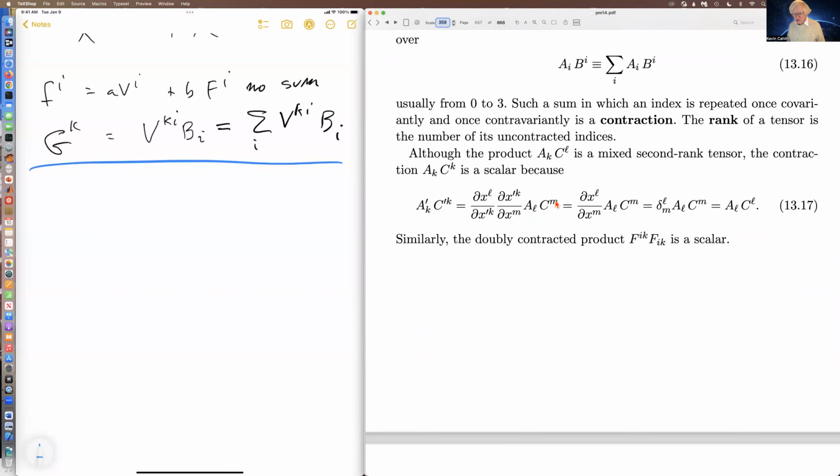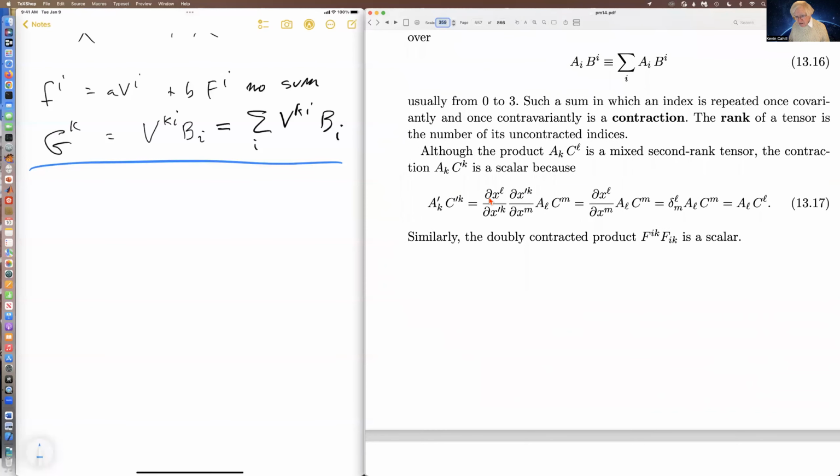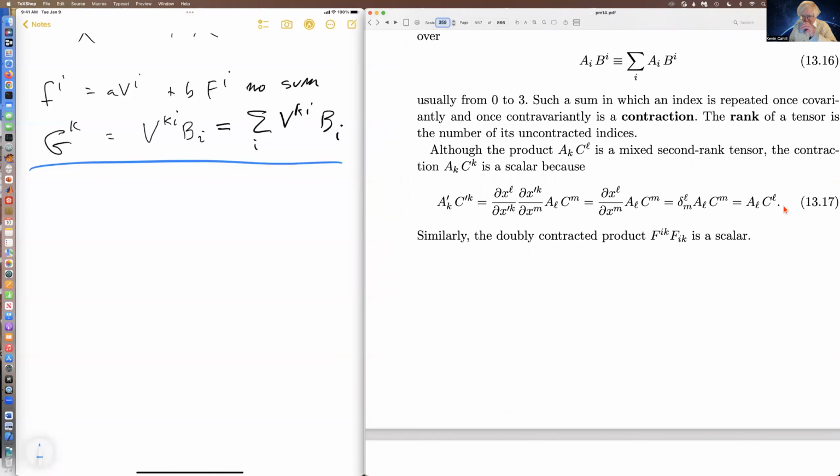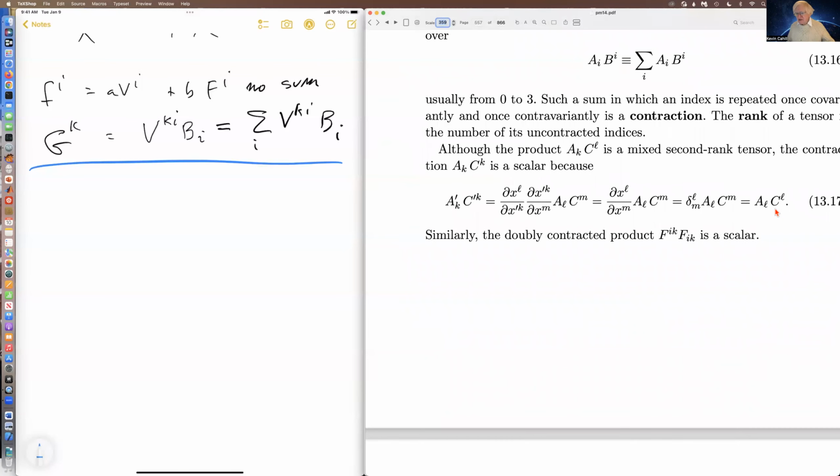This M is summed from 0 to 3. On the other hand, we have partial X^L, partial X prime K times partial X prime K, partial X^M. Well, that is just the partial of X^L, partial X^M. That's just the chain rule. But the partial of X^L with respect to X^M, that's just the Kronecker delta. So we wind up with A_L C^L, which is a scalar.